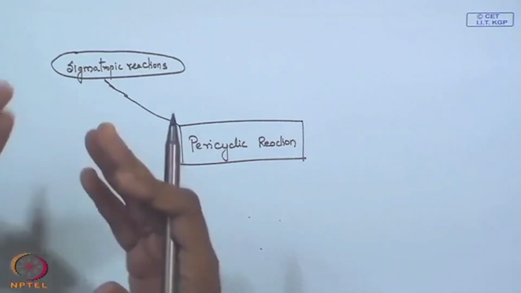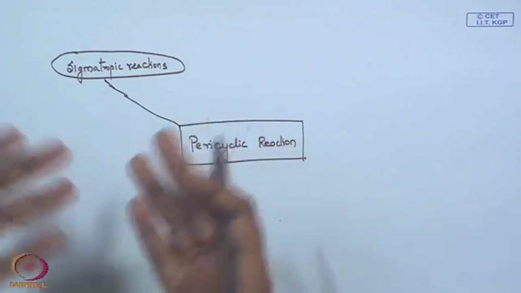We studied different types of sigmatropic reactions, such as group migrations like hydrogen atoms and methyls, and then sigma bond movements, where we studied the Cope, oxy-Cope, and Claisen rearrangements, including different types of Claisen rearrangements. We also understood their stereochemistry in detail.